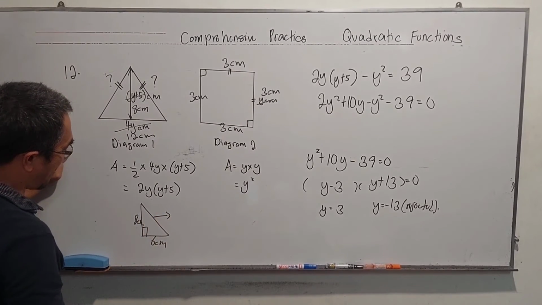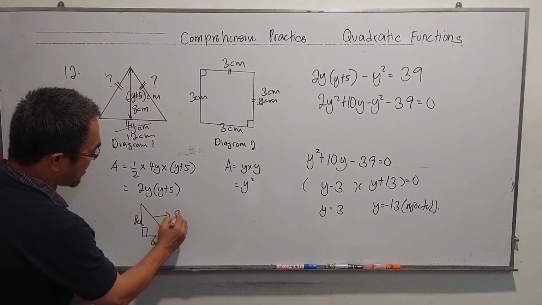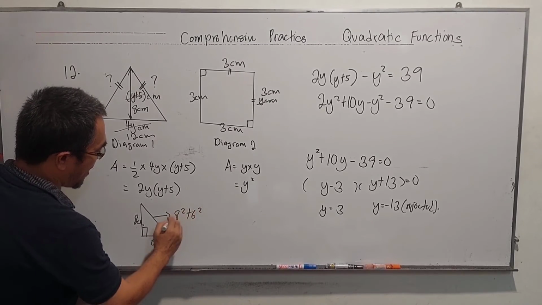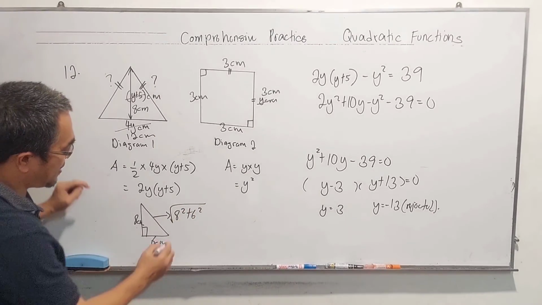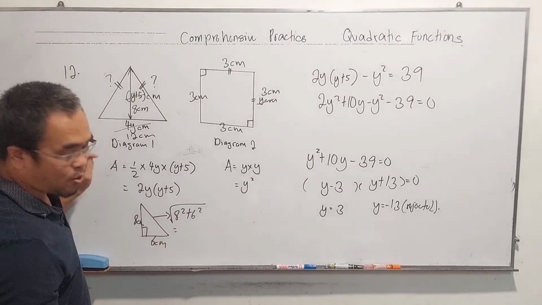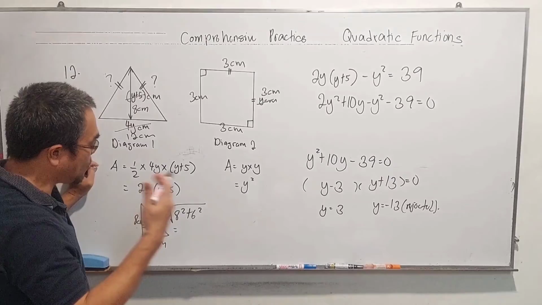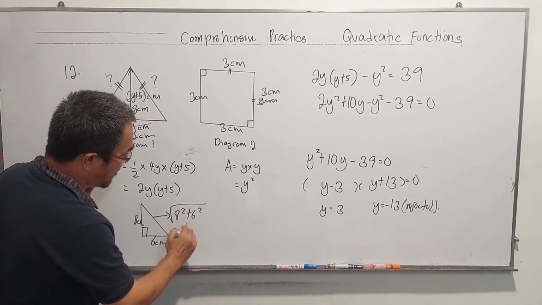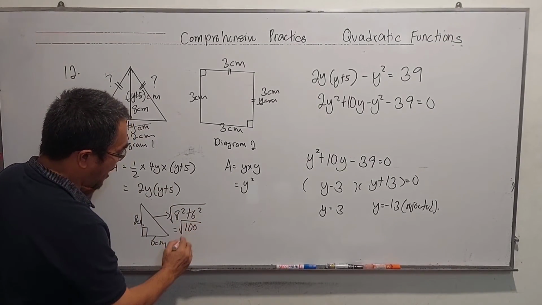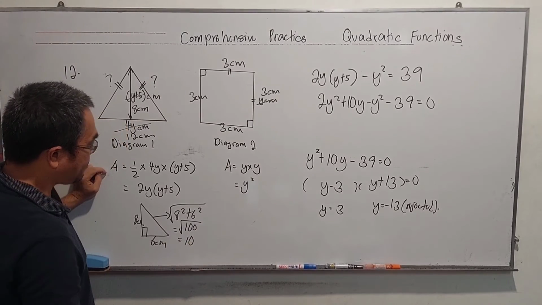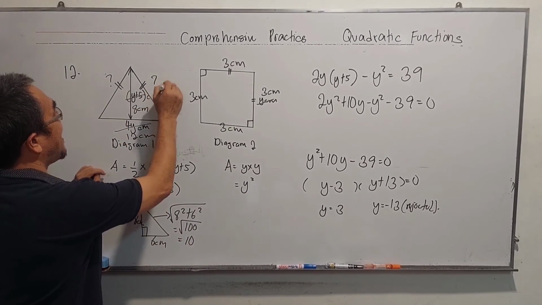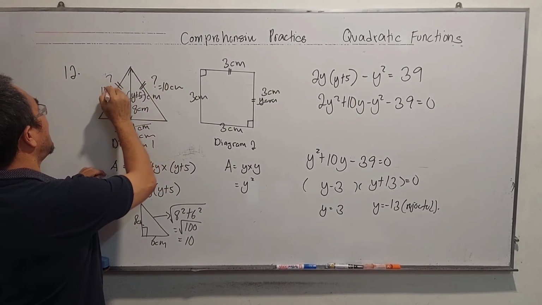In order to calculate the hypotenuse, it will be the square root of 8 squared plus 6 squared. So 8 squared is 64, 6 squared is 36. So 64 plus 36 will be 100. So the square root of 100 will be 10. Alright, so here will be 10 centimeter, 10 centimeter.